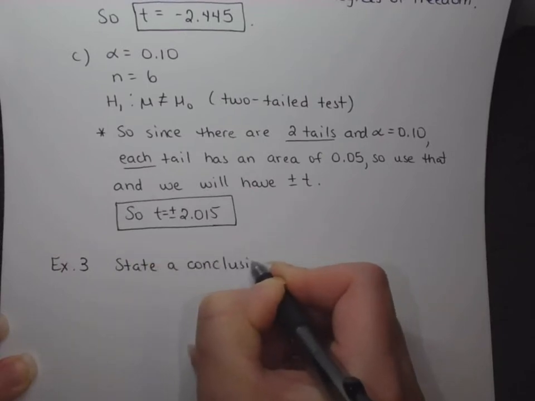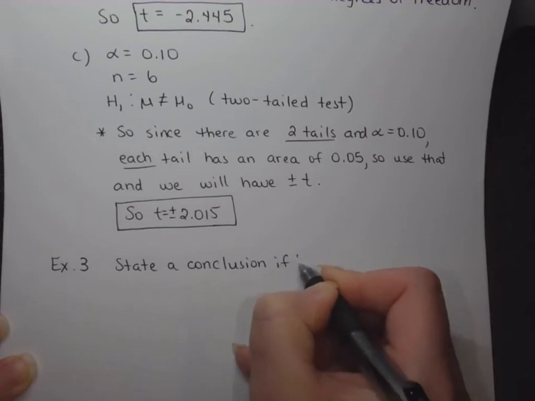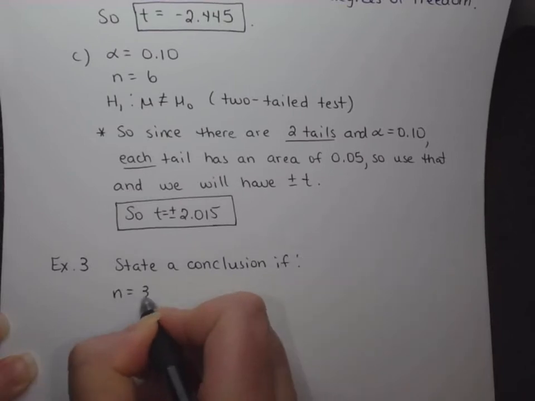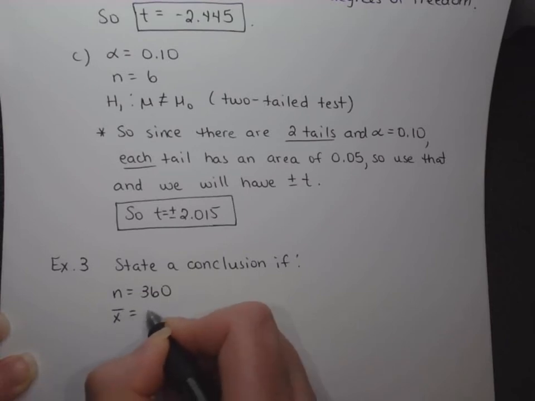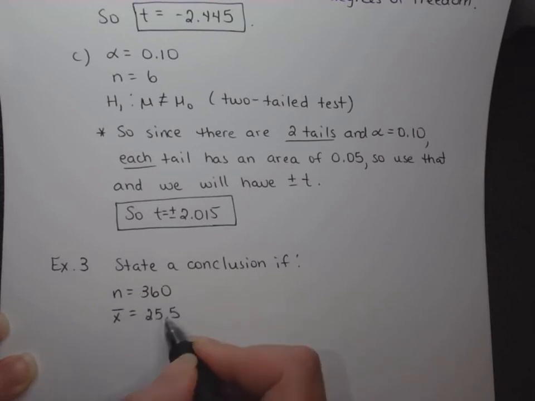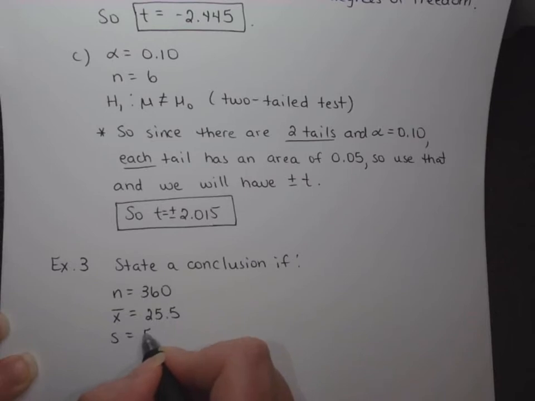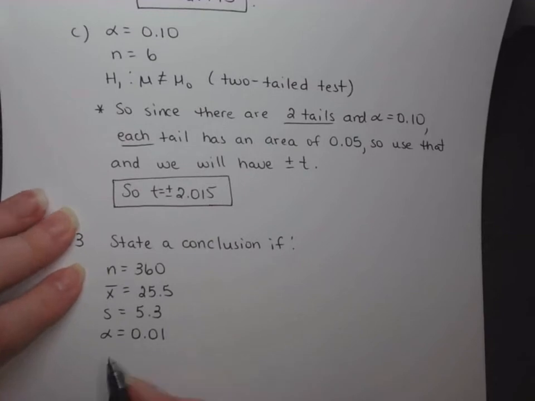So this time I want you to state a conclusion if you know this to be true. N is 360. The sample mean is 25.5. The sample standard deviation is 5.3. The level of significance I want you to use is 0.01.